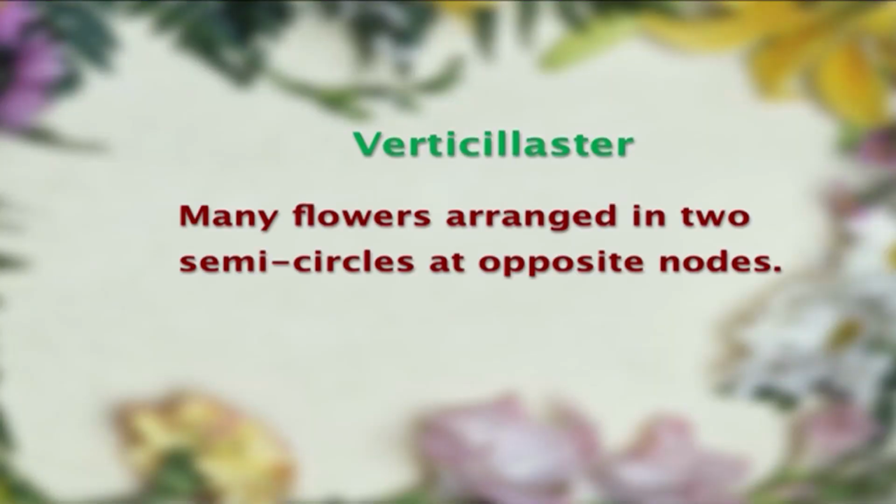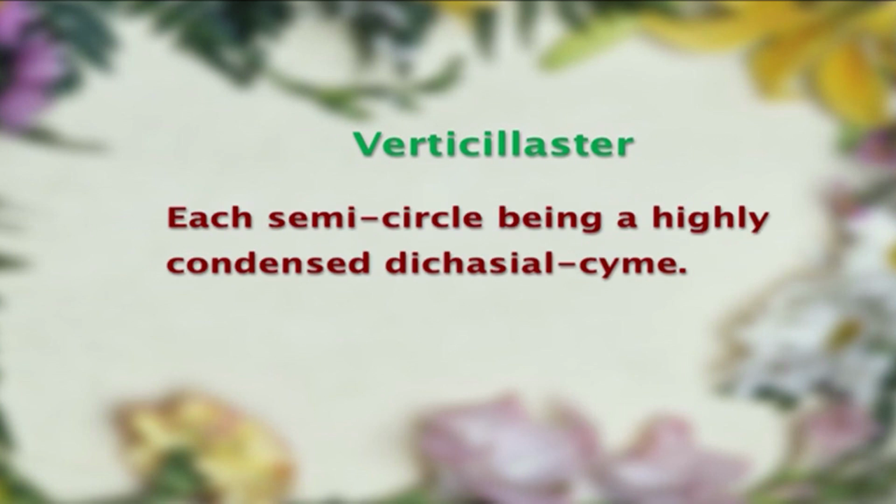The word verticillaster means false whorl. In this type of inflorescence, many flowers are arranged in 2 semicircles at opposite nodes. Each semicircle at each node is a highly condensed dichasial cyme type of inflorescence in which the main axis bears 2 opposite bracts at each node.